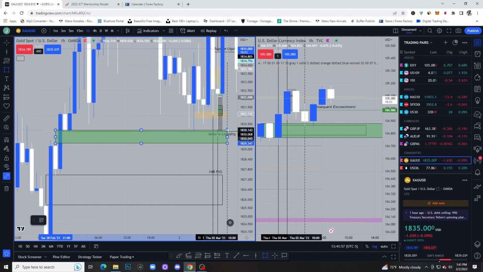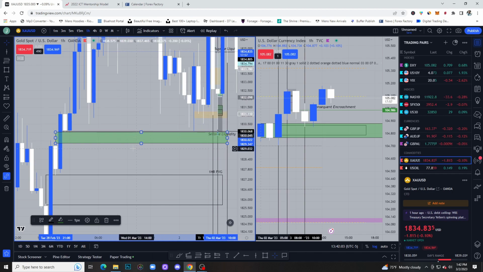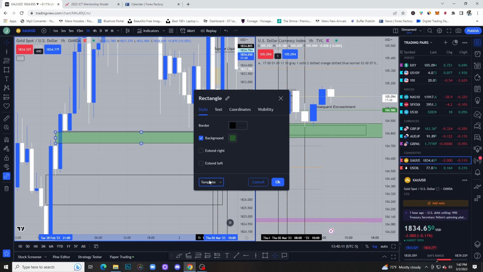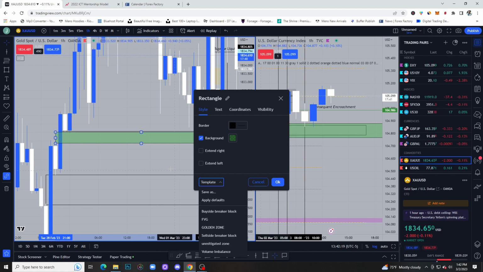I'm not going to make it perfect, but potentially digging back into this area again, because you treat fair value gaps as real support and resistance. Anytime you note a fair value gap, if it gets traded through, you treat it as resistance. But in this case, with price coming down here, this is support.